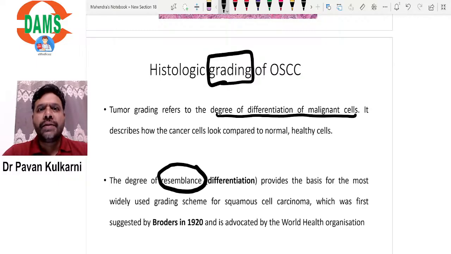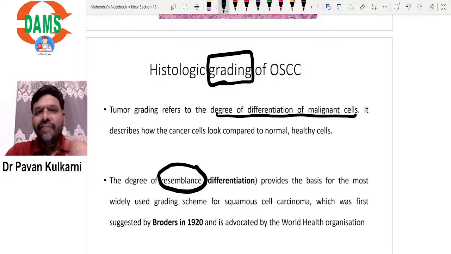More the resemblance, more is the differentiation. Resemblance means there should be two things to compare. For example, a child might resemble the father or the mother. That is called resemblance.